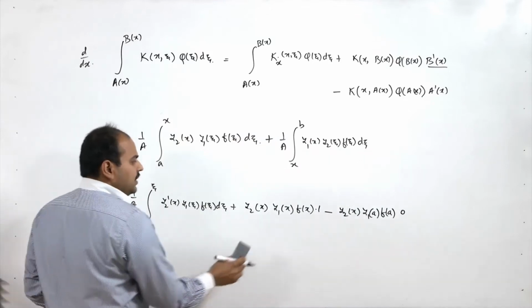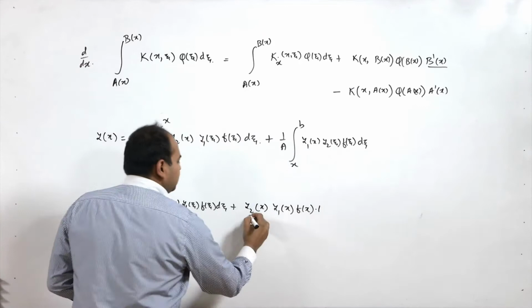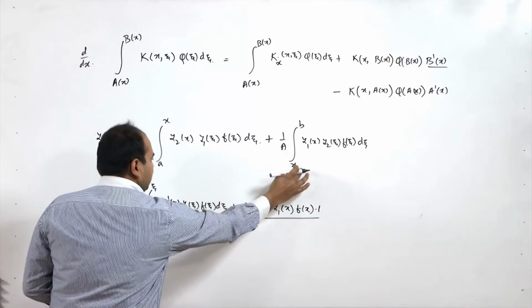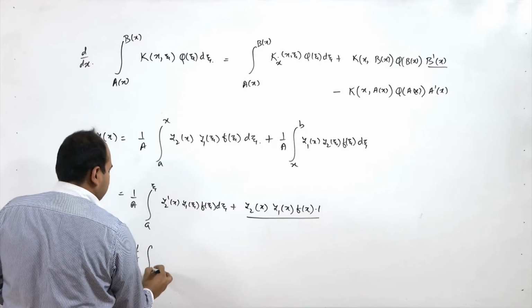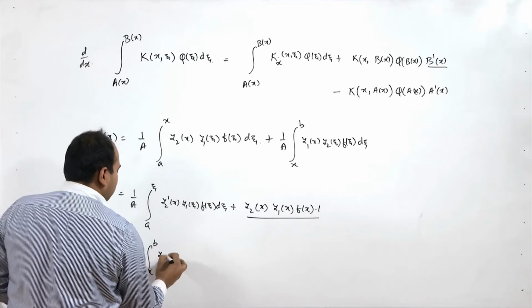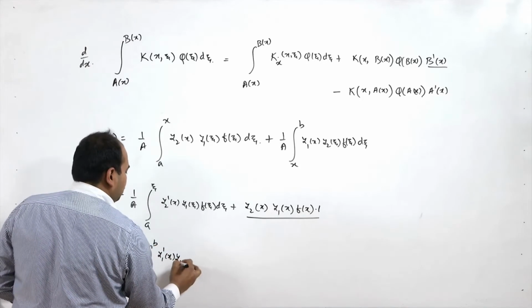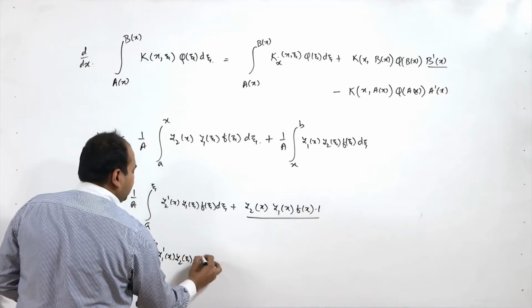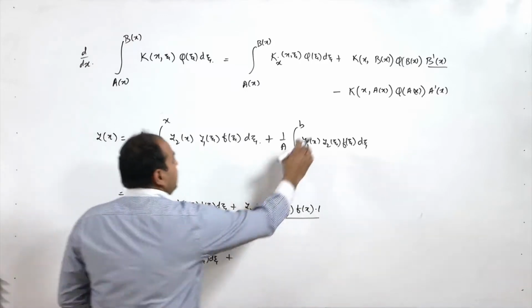So this term simply vanishes and we have only this term left. Similarly, if we do it here, we will get 1 upon a, from x to b, y1(x), now the derivative of this means y1 dash x y2(xi) f(xi) d xi, plus this term.